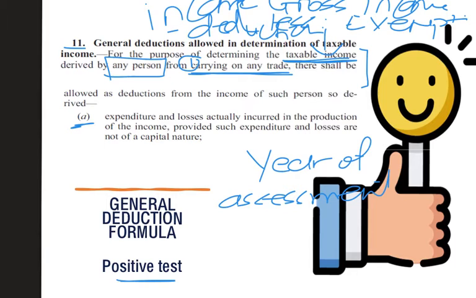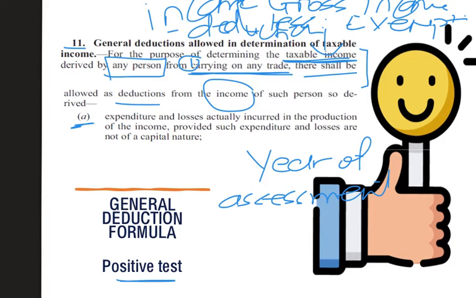If it's derived by a person from carrying on any trade, they shall be allowed, all right, so that's good, it is allowed, as deductions from the income of such person, all right, so income, remember, is gross income less exemptions.